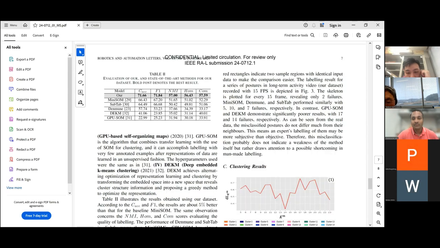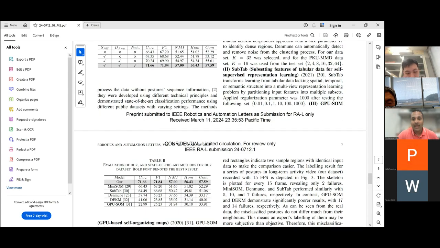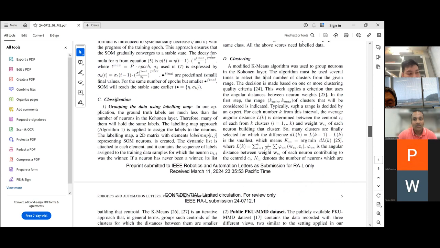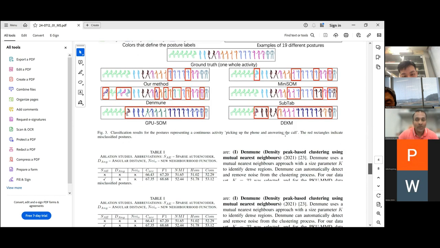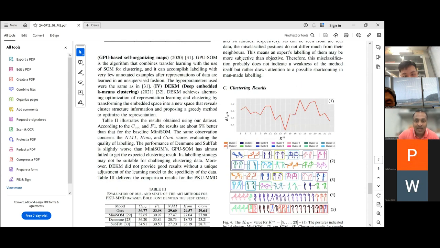But at the labeling level, we define the exact number of labels, which means it's 19 labels. In this part of the algorithm, we did not define it. It is automatically decided, and as you can see, it automatically decides the clusters, 14 clusters, and it detected what the 14 different clusters are. So this is the difference, the modification.